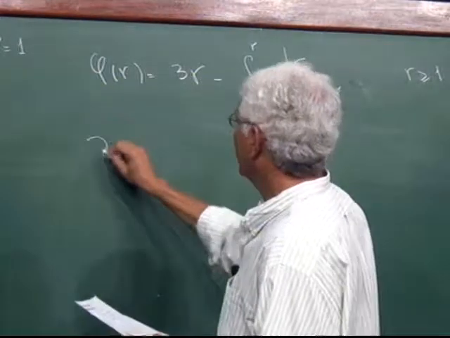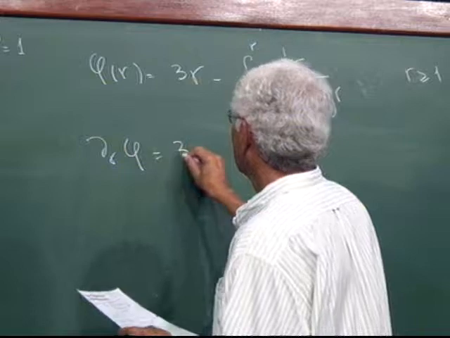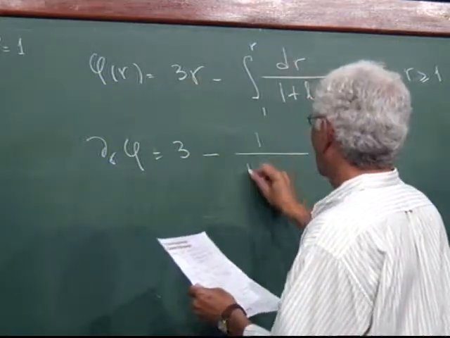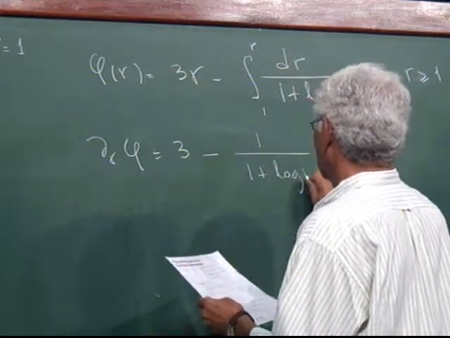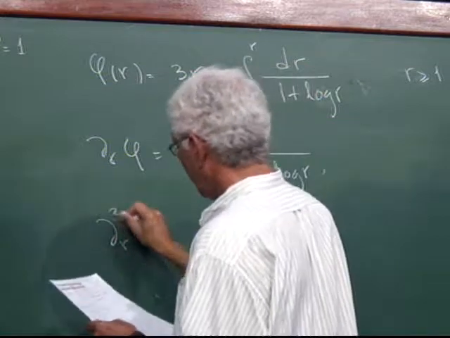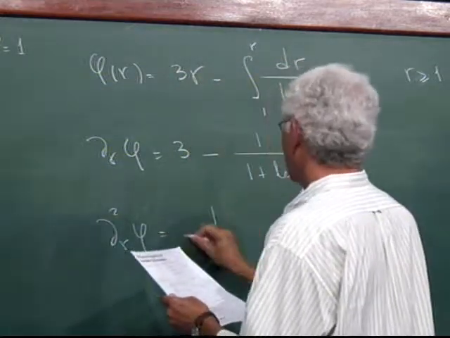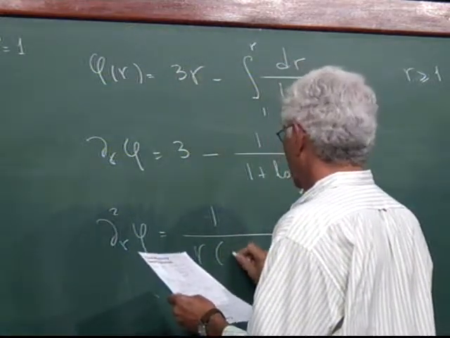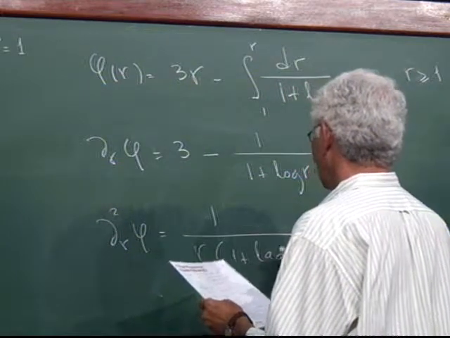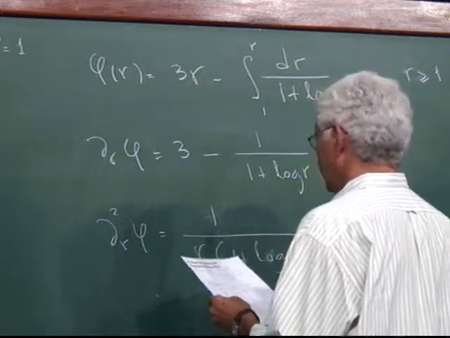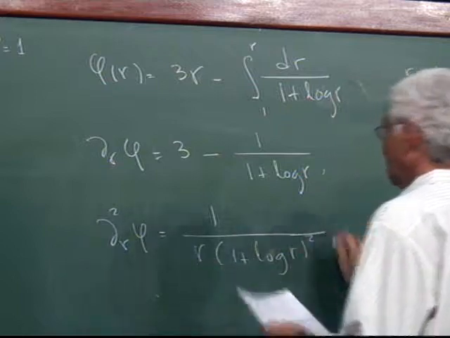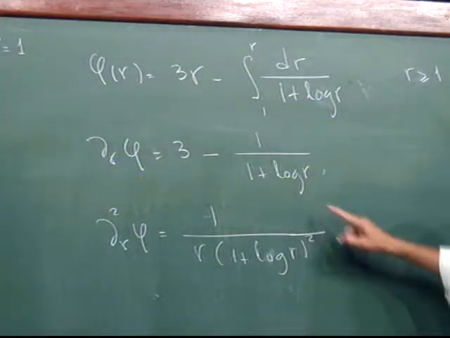Therefore, the derivative with respect to r is 3 minus 1 over 1 plus the log of r. The second derivative of this is 1 over r times 1 plus the log of r squared. And see that you have convexity. This is positive.